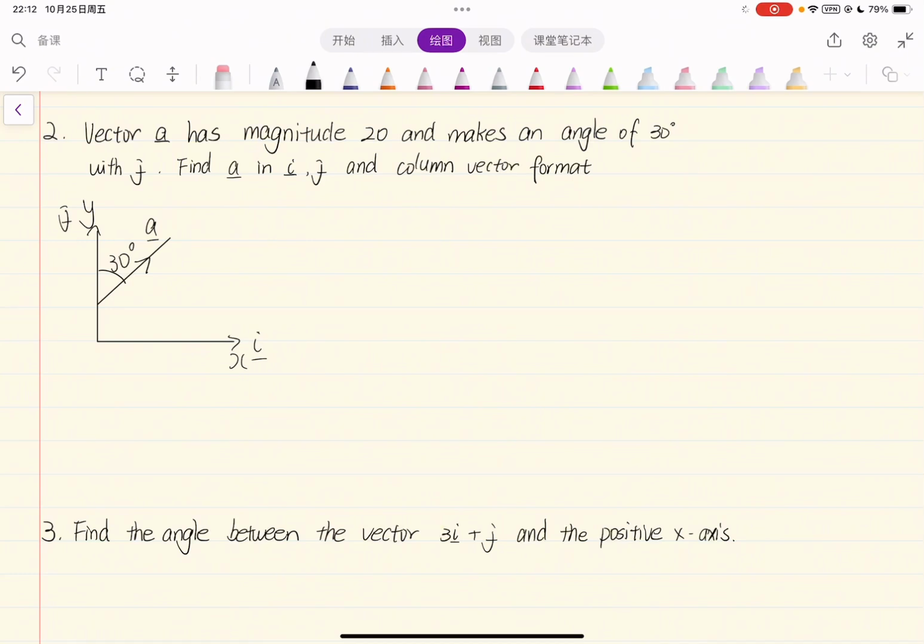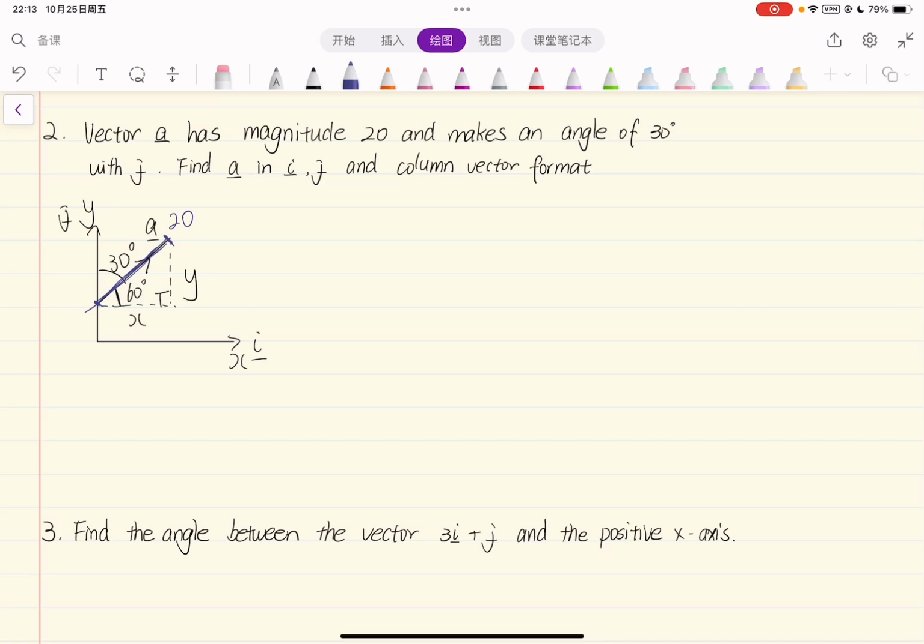Now it asks you to find A in i and j, also in the column vector format. So what we do, we can sketch a right angle triangle. So in this case, we have the angle 60 degrees over here. Here is x, here is y. We know that A has magnitude 20, which means the magnitude of this vector is 20.